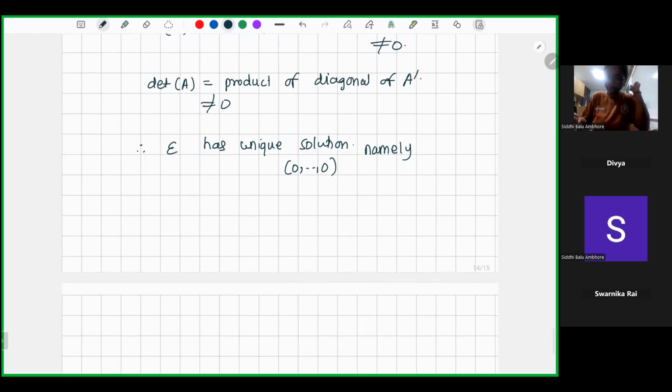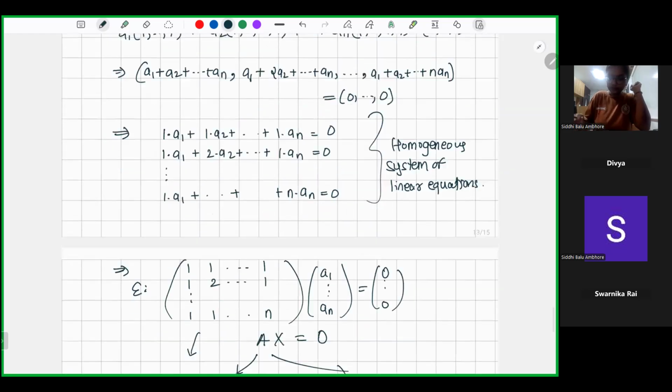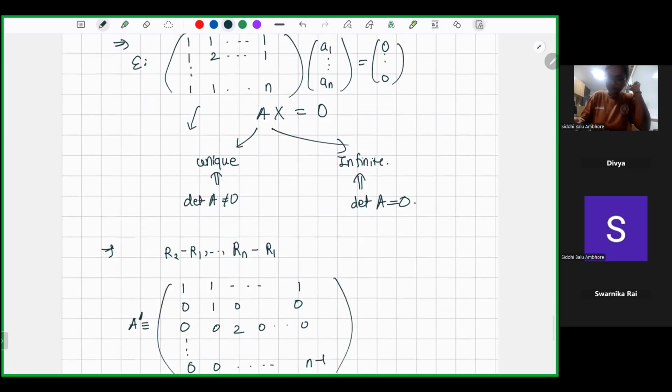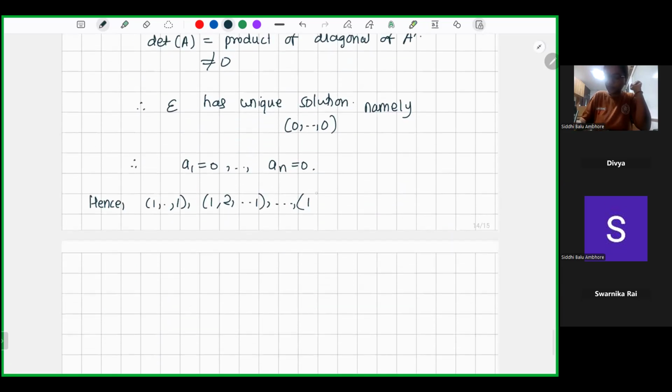So this is unique. Therefore a1 to an is 0, that is, a1 is 0 and an is 0. The matrix had a very good form, that's why we could get this, but it does not matter.